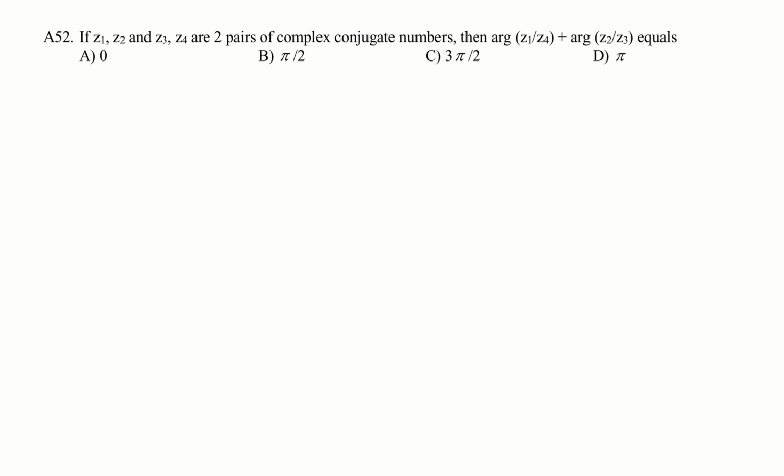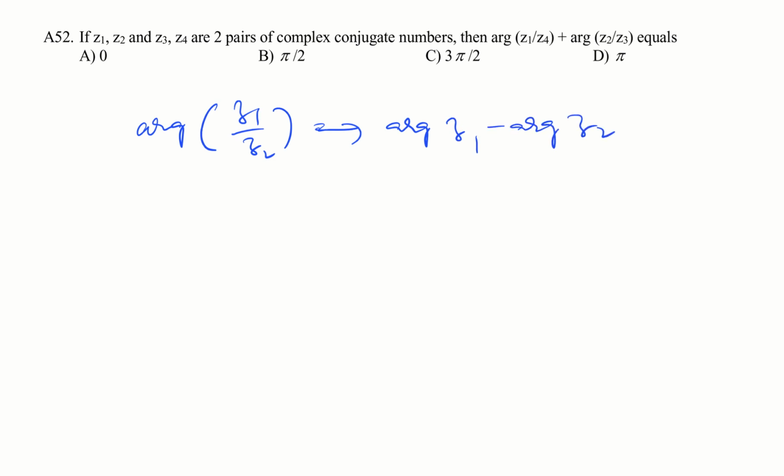In this problem, we know that argument of z1 by z2 is equal to, one of the arguments is arg z1 minus arg z2. Also we know that argument of z bar, one of the arguments of arg z bar is minus arg z.